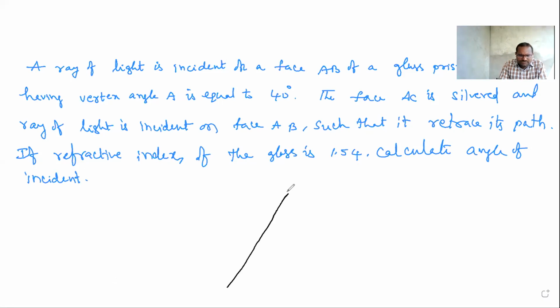See, this is a prism ABC, let us suppose. This is A, B, C. So the angle of the prism is given. A is equal to 40 degrees, given. The face AC is silvered. This face you silver it.